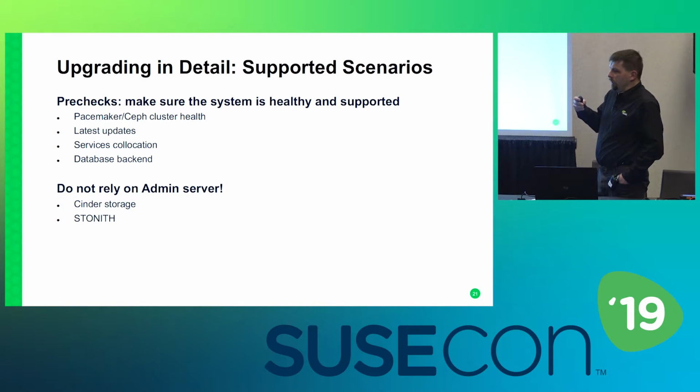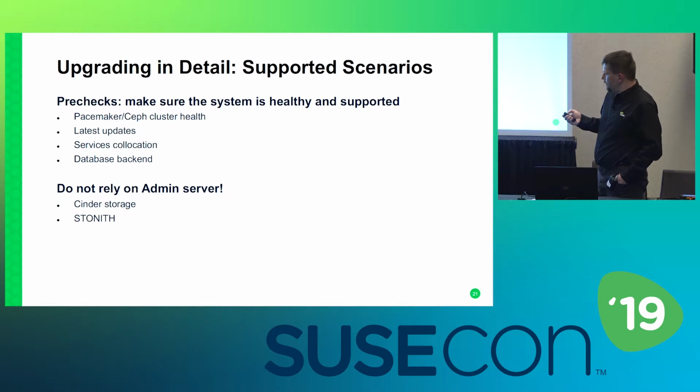So before the upgrade starts, we do a list of pre-checks that are necessary, and one of them is checking the pacemaker cluster health or Ceph cluster health. It tells you your pacemaker is behaving weirdly, you have to fix it before you start with the upgrade. Or all the latest updates must be installed. If they are not, the upgrade cannot be started, and so on.